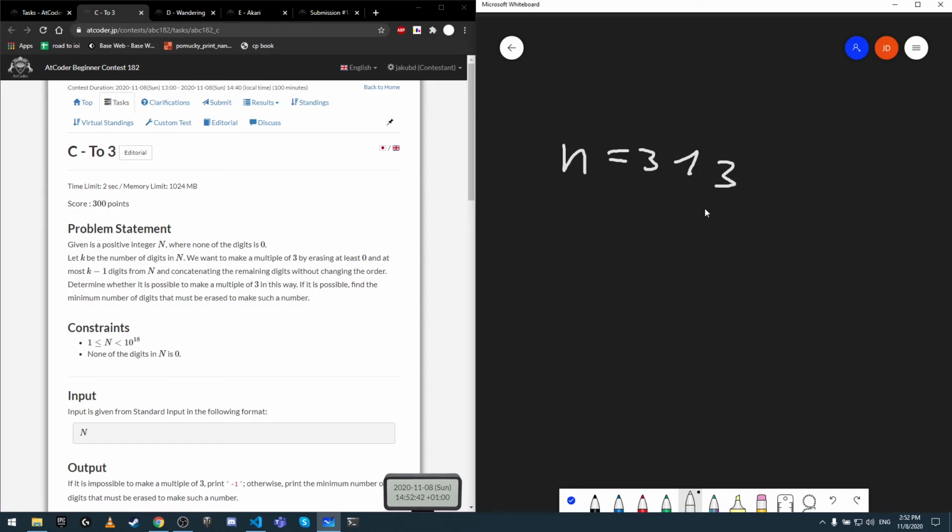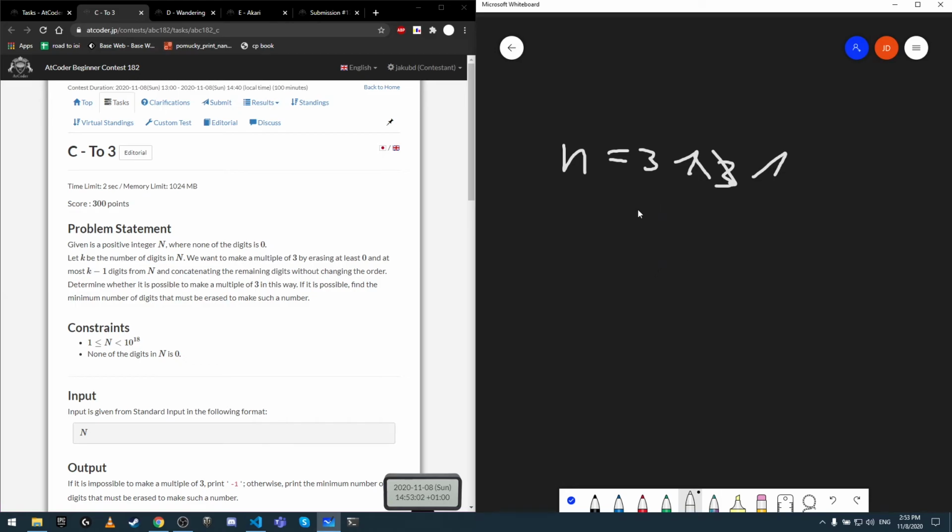You have this number and you want to make it a multiple of 3. So you can erase anywhere from 0 to k minus 1 digits. But what remains will stay in its order. So if you, for example, erase these digits, then the resulting number can't be 13. It has to be 31.